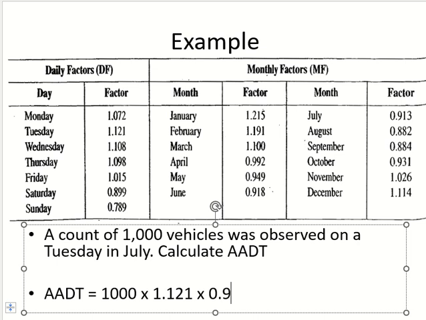So the AADT for this location is how much? 10.5. Clear? So the main idea is to use the adjustment factors to calculate AADT for locations where we have less data, meaning the coverage count locations.